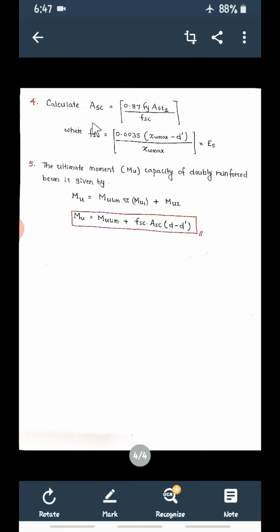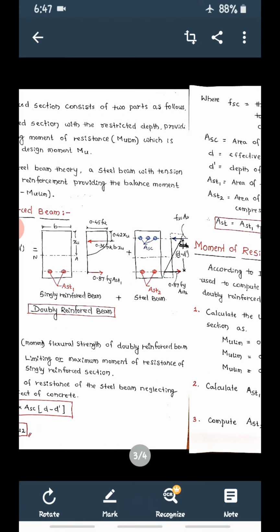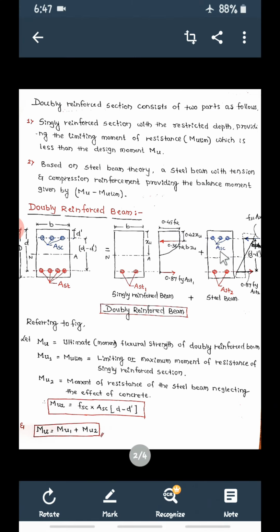Next, calculate Asc, that is the area of compression steel here. So how to calculate this Asc now? Again, there are two forces. One is 0.87 fy Ast2, stress into area, Ast2. Then Fsc into Asc: stress is Fsc, area is Asc.